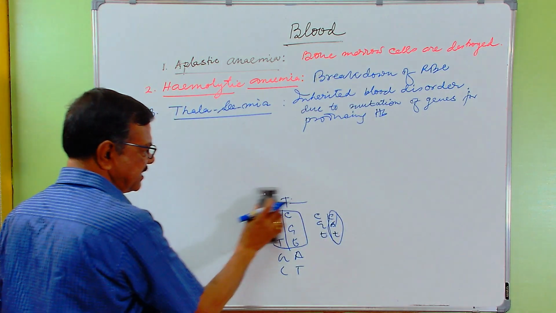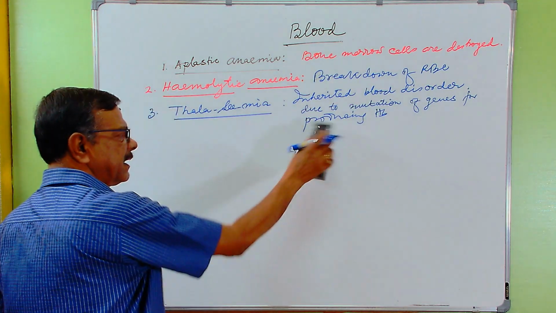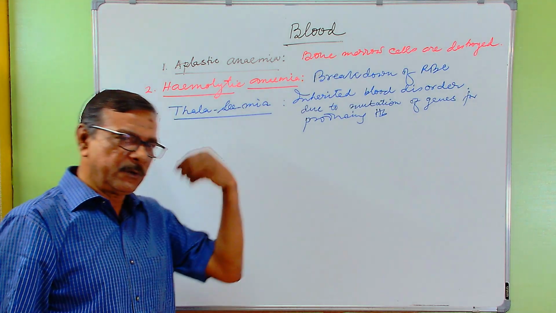This is known as thalassemia. There are varieties of types. We will come to that during that chapter.